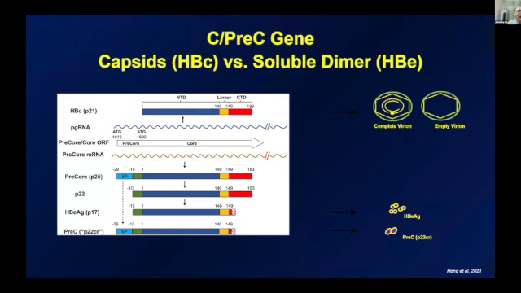From P25, the signal peptide is removed, so now you have P22. Then from P22, the C terminus is removed, the red part, and now you have the so-called E antigen or P17. That's the classical E antigen people have been detecting in the blood for decades. But in addition to that E antigen P17, at the very bottom, there's also a protein originally called P22CR, which we recently renamed pre-C.